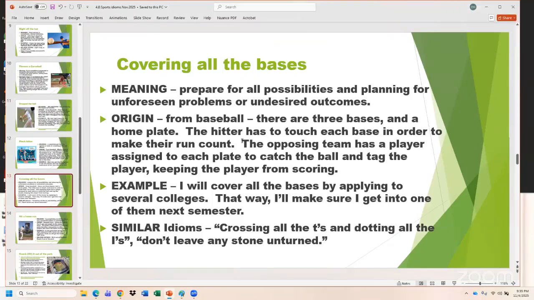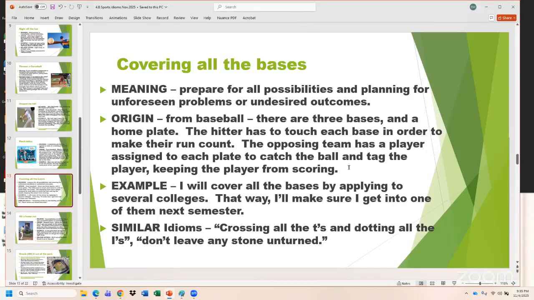The hitter has to touch each base in order to make their run count. The opposing team has a player assigned to each base to catch the ball and keep the player from scoring. Example, I will cover all the bases by hurrying to sign up for college.